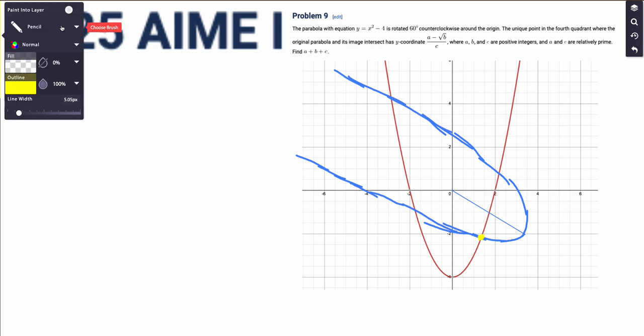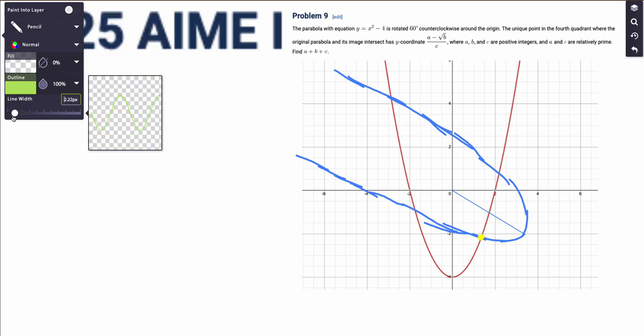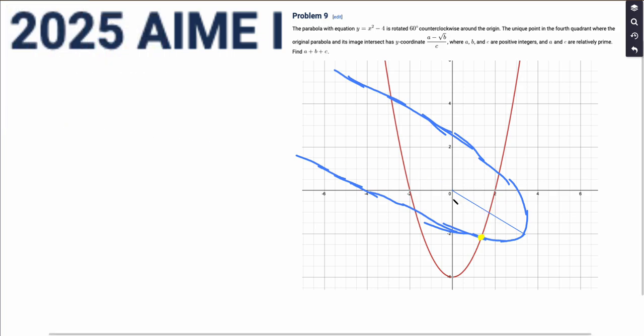Well, what's interesting is that if we dissect this further, we can tell that since this angle measure is 60 degrees, and the vertices of these two parabolas are equidistant from the origin, then if we draw a line segment from the origin to this yellow dot, it's going to split this up into 30 degrees and 30 degrees each.